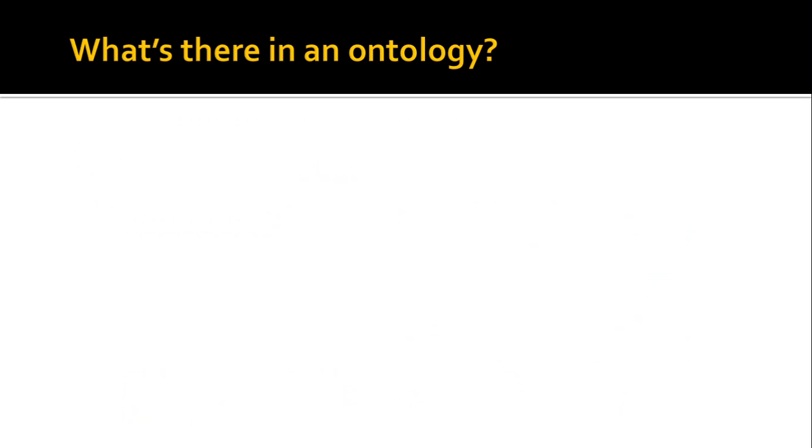Now coming to the question, what is there in an ontology? Let us have a closer look at what we have inside an ontology. As we have specified earlier, an ontology consists mainly of a set of concepts, right?